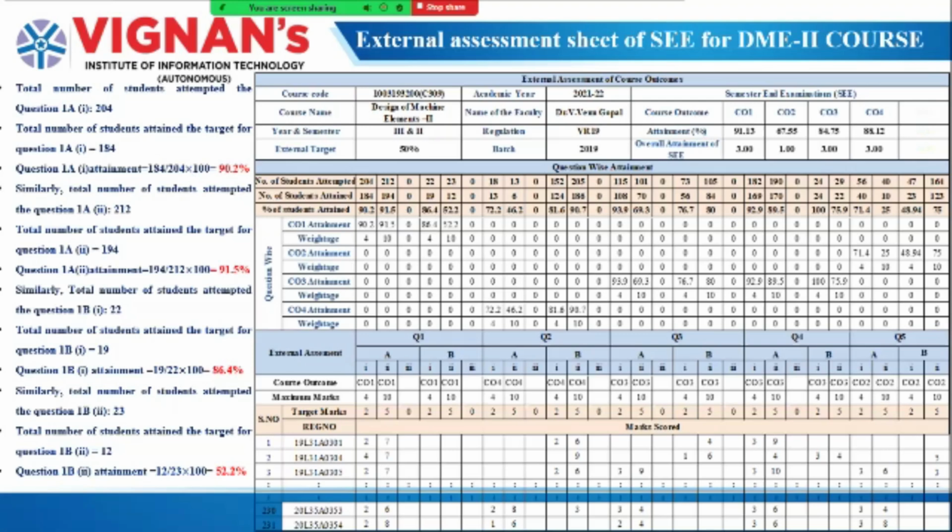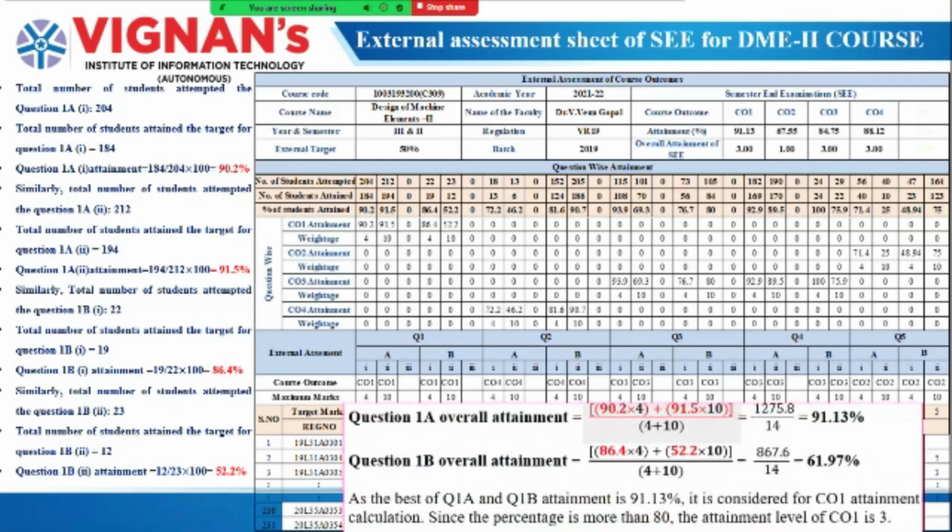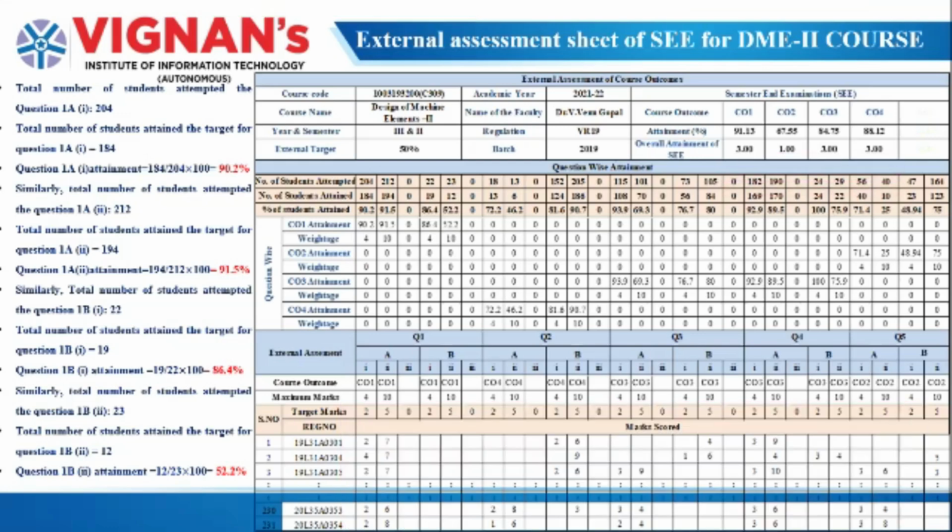Sometimes maybe 2. So here we have to consider the better maximum marks question, from question 1 A bit and question 1 B bit. So from these A and B bits, you will take the best of question 1.